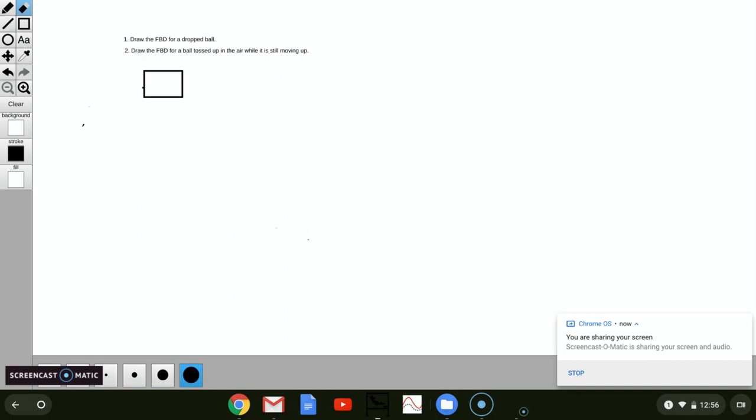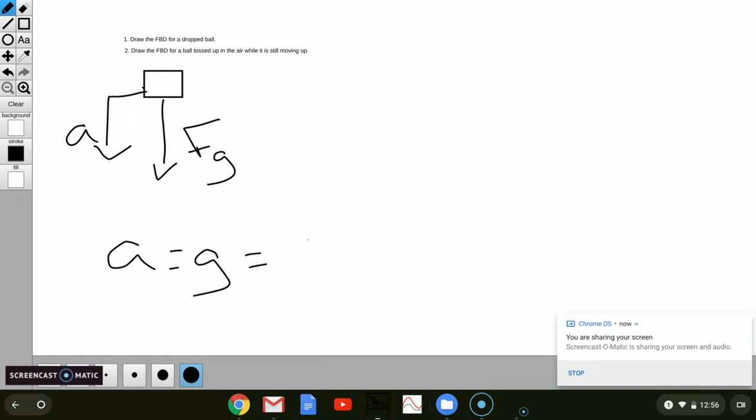Well, if this is my ball, I would have the force of gravity down on it, and again, I would have that acceleration pointing down because that's the only force. Again, the acceleration is equal to the acceleration of gravity, 9.8 meters per second per second.